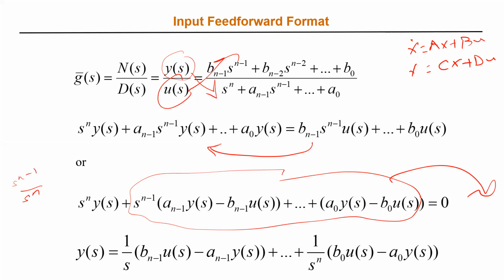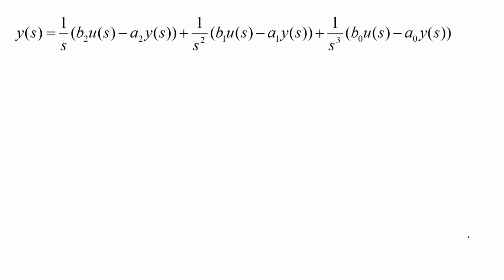Now, what I want to do is construct the signal flow graph for the system. But rather than working with the nth order, let me take the third order, understand the procedure, and then you go to the general n-dimensional system. So suppose I have a third order system.